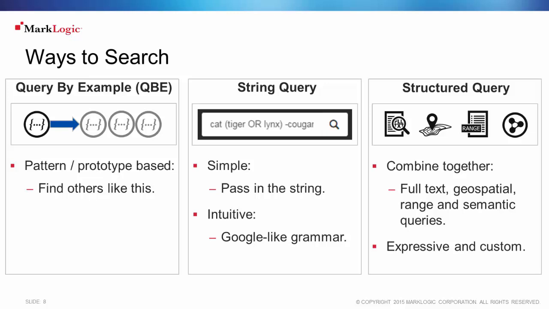This is a very specific query, and it includes full text, range, and geospatial search components. In MarkLogic, unlike some other NoSQL databases, you can enter multiple criteria and combine multiple indexes to define very specifically what it is that you desire.